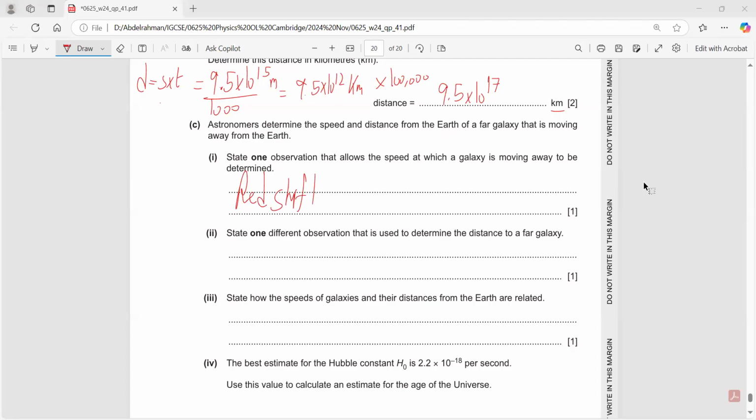Finding the distance is by the brightness of the supernova. So two very important values: if you want to find the speed, it's using the redshift; if you want to find the distance, it's using the brightness of the supernova.